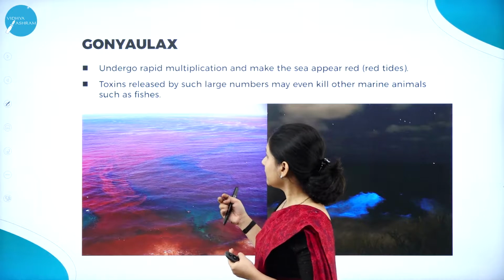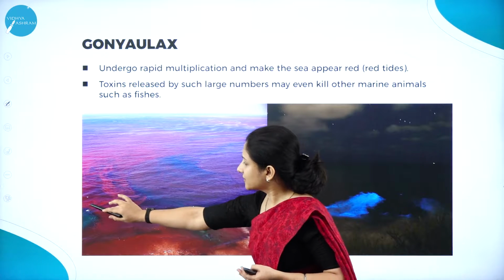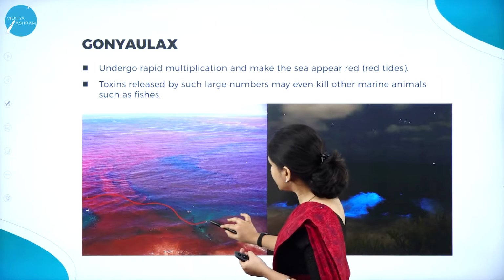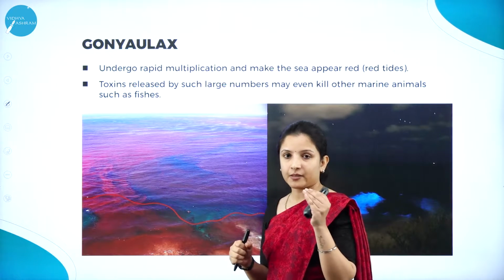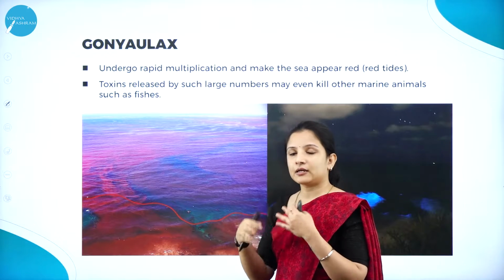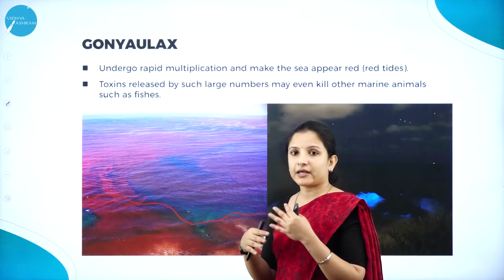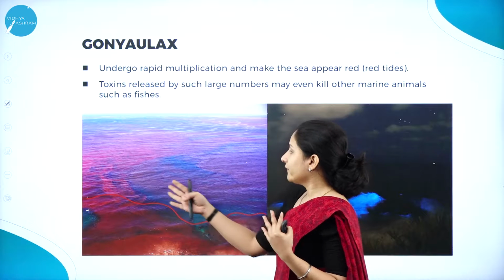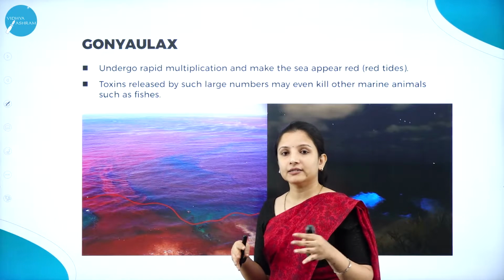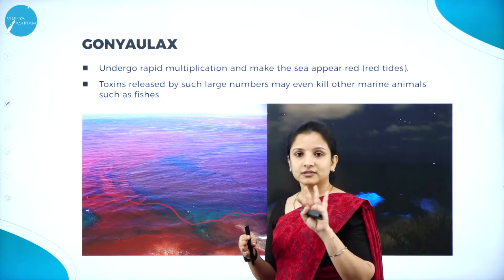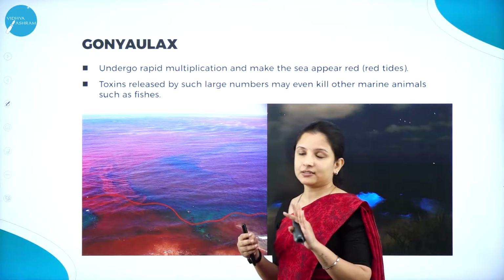You can see the seashore here, it appears red because of this Gonyaulax. It contains red pigment. When they divide or multiply very quickly and a large number of Gonyaulax is formed, the entire sea will look red because these Gonyaulax have red pigments in them.